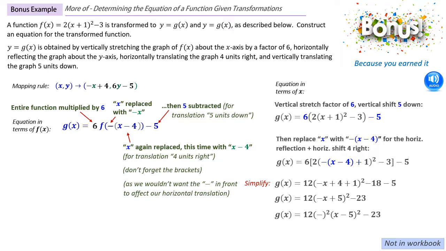Now I'm going to factor out the negative sign in front of the x, which makes it negative 1 times (x minus 5), and I apply the exponent of 2 to both of those factors. Because the negative sign is really negative 1, its square becomes a positive 1, leaving us with 12 times (x minus 5) squared minus 23.